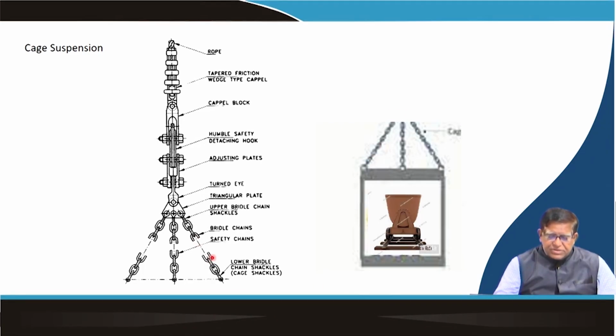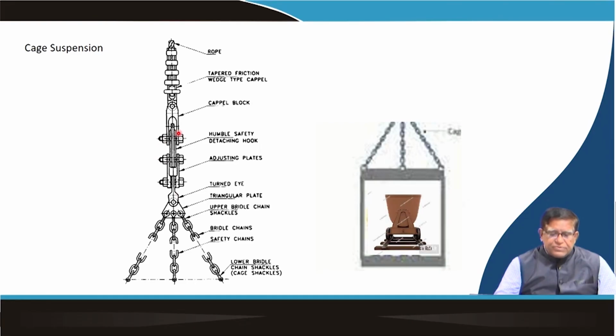These suspension chains will have a shackle on which this cage will be suspended, and then there will be a triangular plate which will be connected to a turning eye, and here there will be a safety hook.